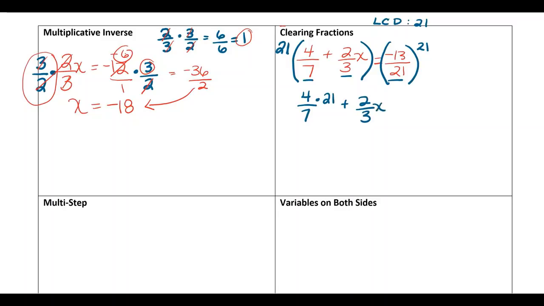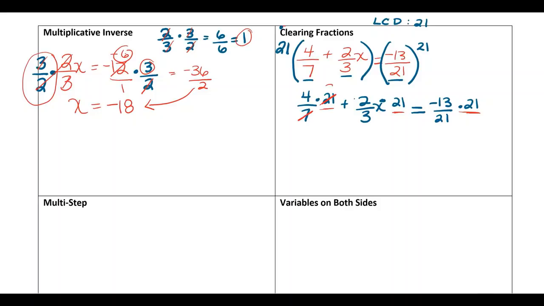So 2/3 x times 21 equals negative 13 over 21 times 21. So you can see everything, we're keeping everything balanced, and we're going to multiply everything by 21.